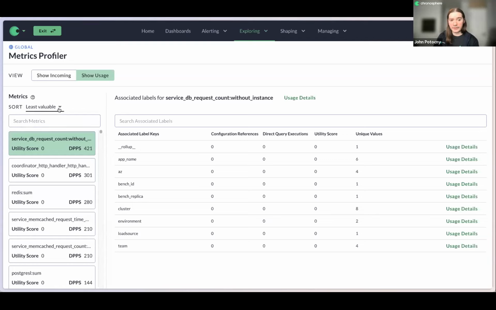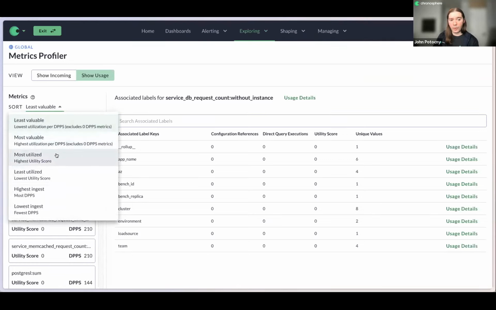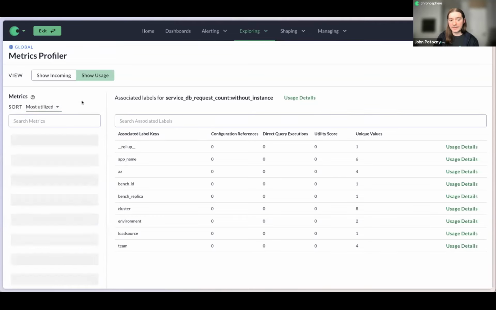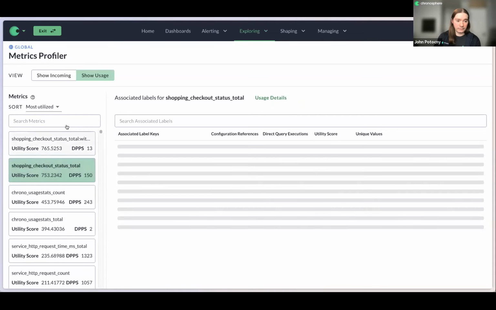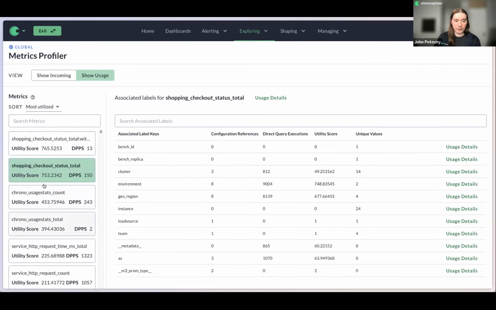We can also look at this from the other direction though and say, hey, what are the metrics that I really need to make sure that we retain? They're critical to the system. The team is using them all the time. And we can take a look at how they're being used too, to make sure that there isn't any inefficiency in the way that they're being stored that we can account for. So to give you an example, if we click on one of these more utilized ones, here we can see an active metric.